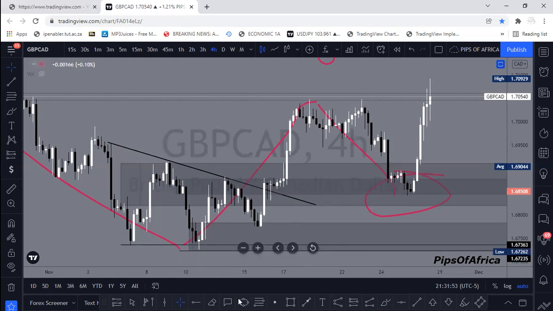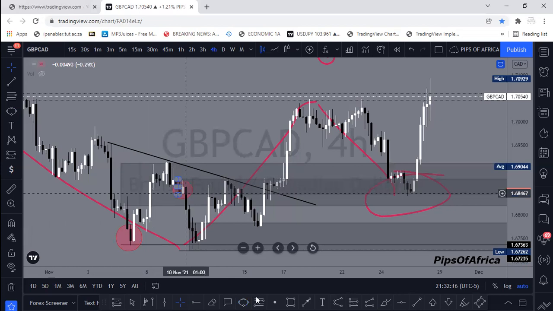You see, this is the supply or an order block, if you want to call it that, and here this was the demand. But this supply here broke this demand. Therefore, this supply is very much stronger.